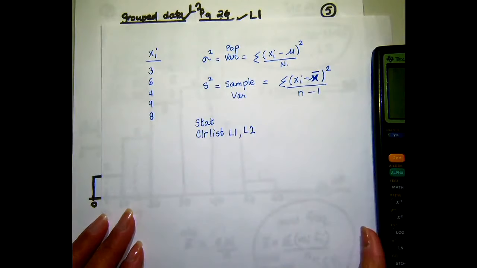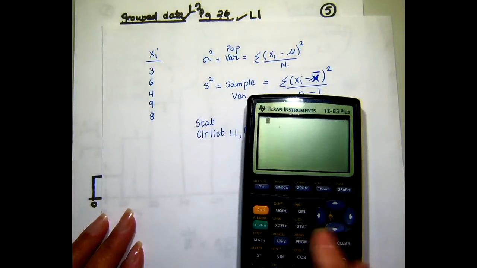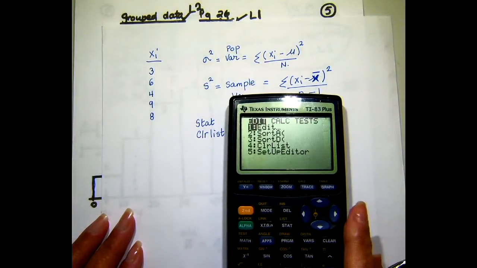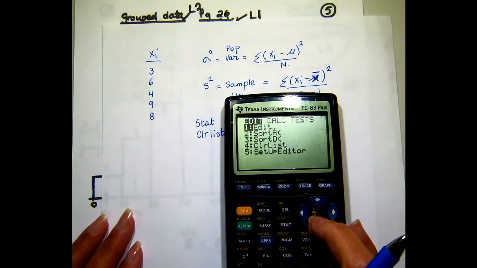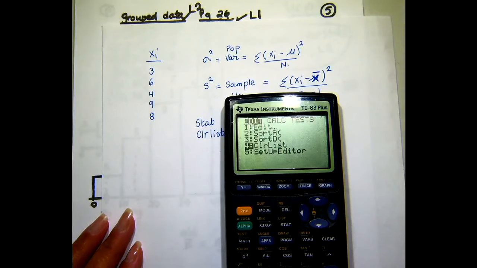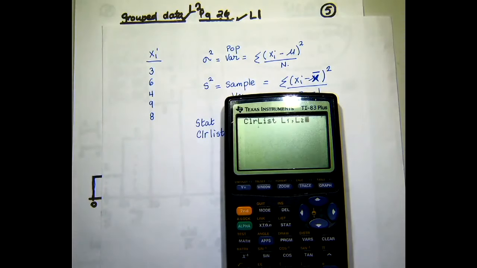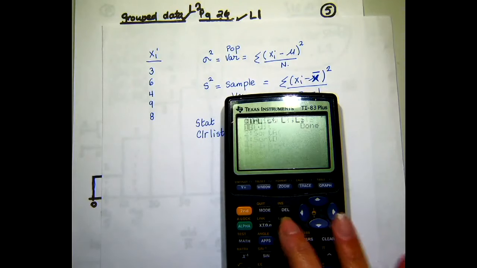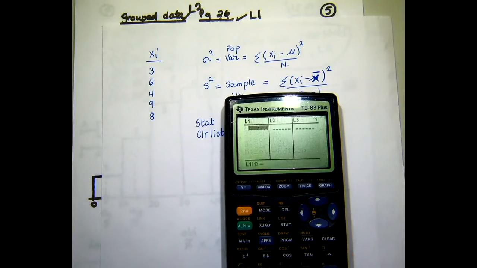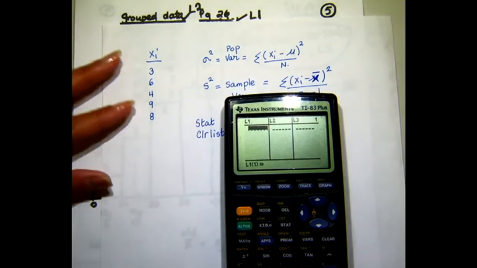Let's make sure we have some empty lists to work with. So stat clear list is the fourth one down. L1, so second function and the 1 key, comma, second function and the 2 key brings me to L2. And I hit enter. And now when I say stat edit, I should have a couple of clear lists to work with. So just go and put your data in.